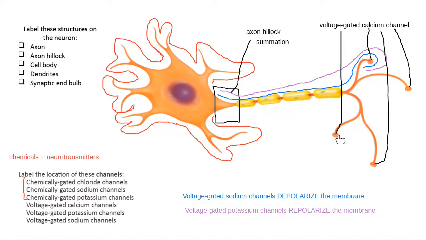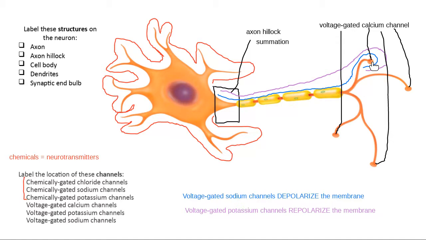They bring calcium inside the neuron. When that calcium comes inside, neurotransmitters leave. Calcium comes in, neurotransmitters come out. Voltage-gated calcium channels are only found at the axon terminal.